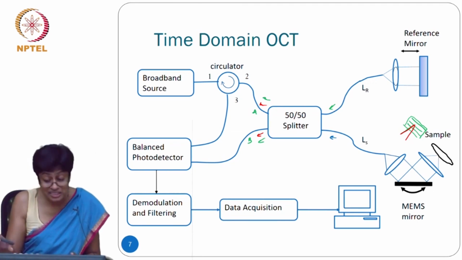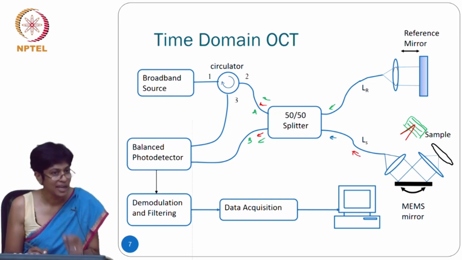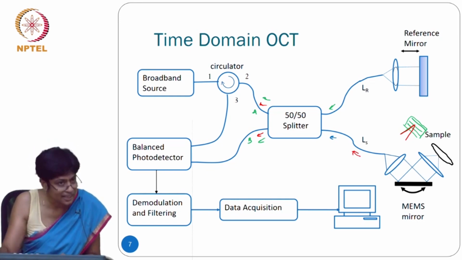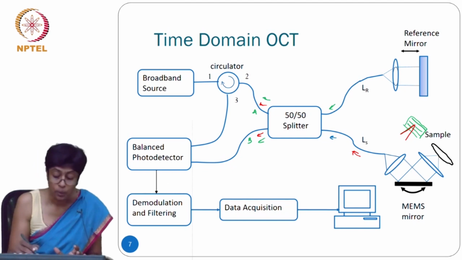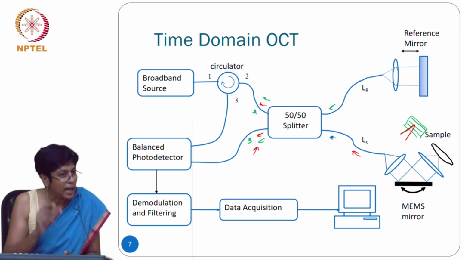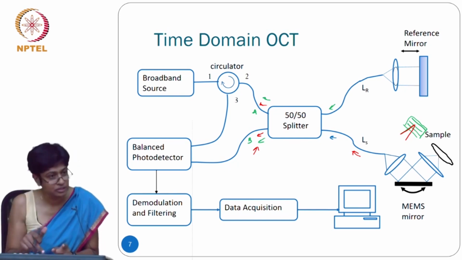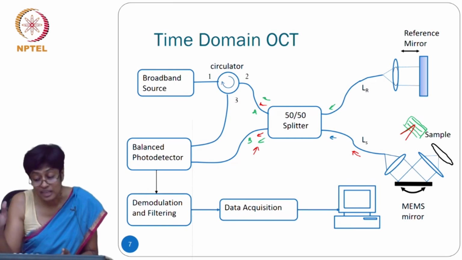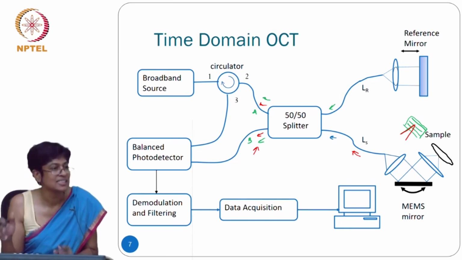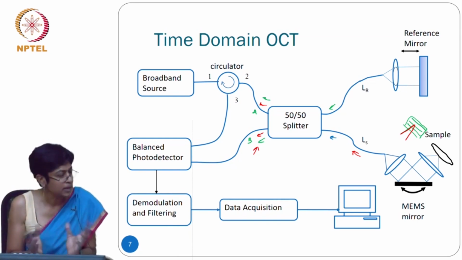It's not 0 for all the other layers, right? So the signal coming back here is a combination of the light reflected back from every layer in the sample. When the interference happens here, however, it's going to happen only between the light from the reference mirror and the light coming from the sample which is within the coherence length of the source. Does that make sense? What happens to the other light?